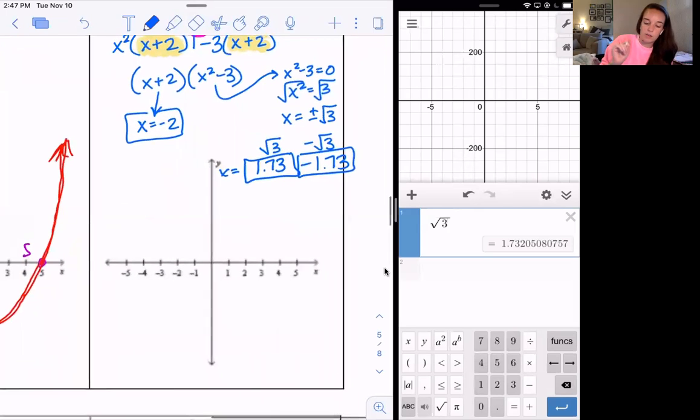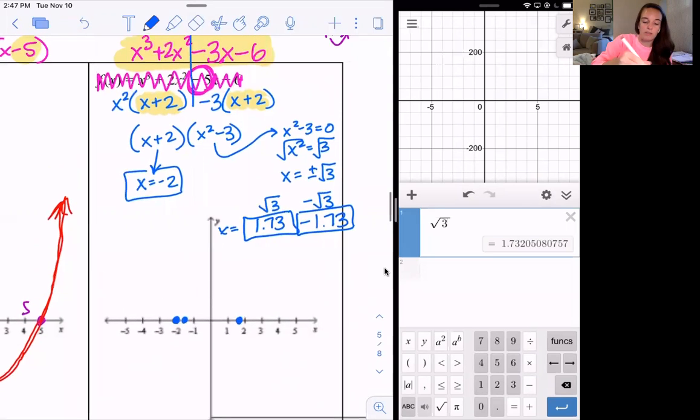All right, I'm going to go ahead and plot them on my graph. I have -2, 1.73, and negative 1.73 right there, close to -2. Is this a positive graph or a negative graph? What is the leading term? Is the leading term positive or negative?